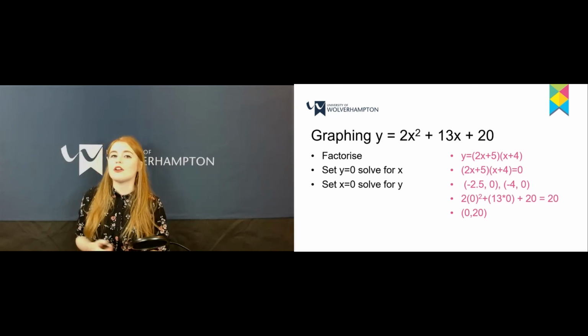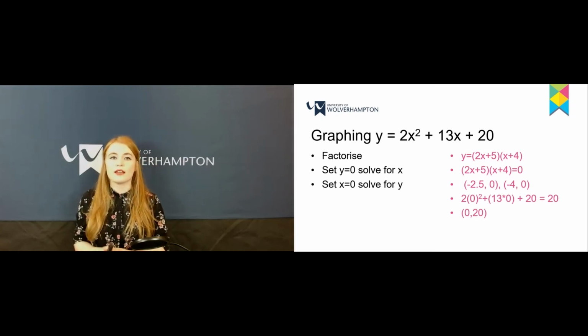And then to get our third point to plot, we can set x equal to 0 and solve for y. So wherever there's an x in here, you want to change that x for a 0. And remember, anything multiplied by 0 is 0.